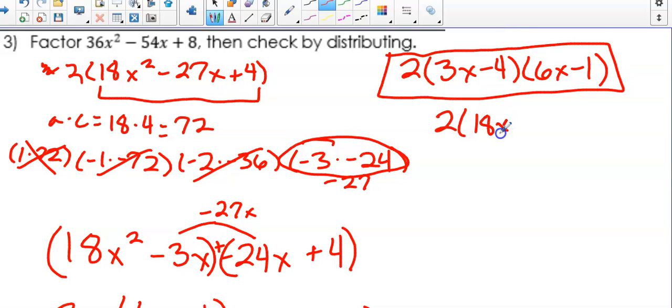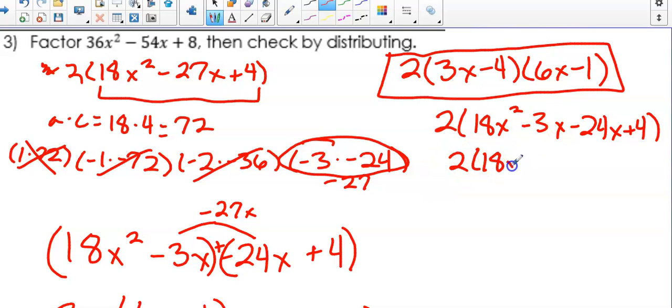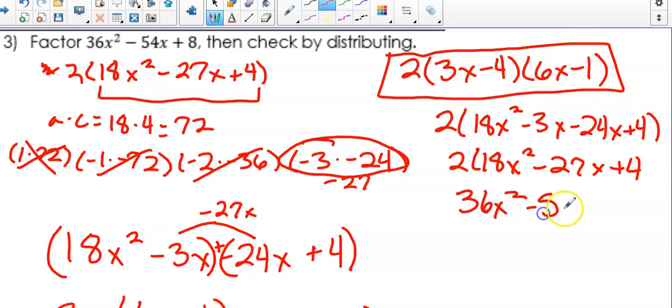This gives us 18x squared minus 3x minus 24x plus 4. Combine our like terms. And then finally multiply out the 2. And if we did it correctly, then it should give us what we had to begin with. And it does.